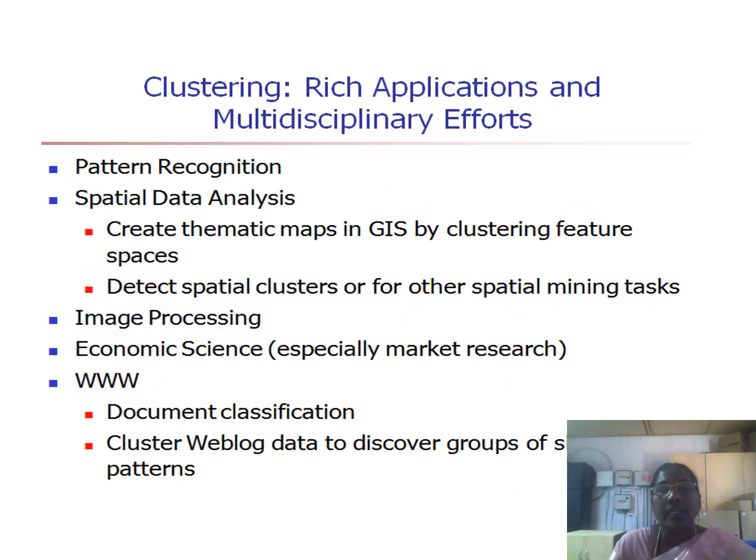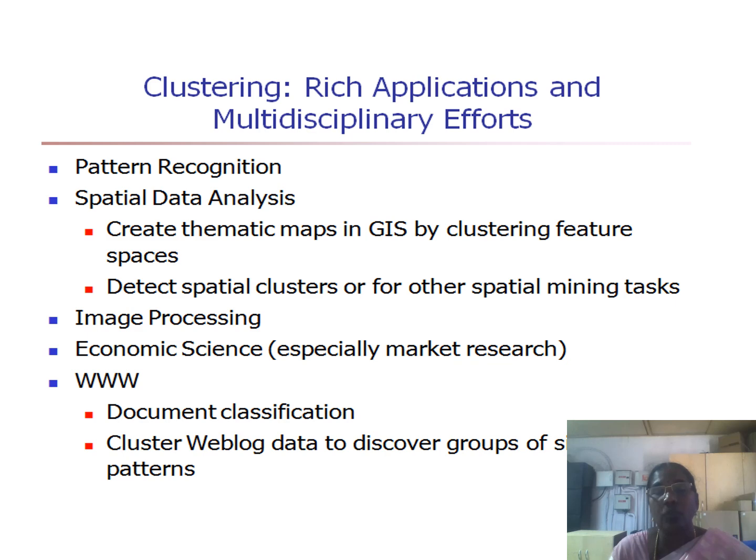These are some of the applications, but let us come to real life applications. First is how to apply clustering for pattern recognition across multiple disciplines, how to determine the pattern. Next is spatial data analysis, where we can create thematic maps in GIS by clustering the feature space and detecting spatial clusters, or for any other spatial mining task.